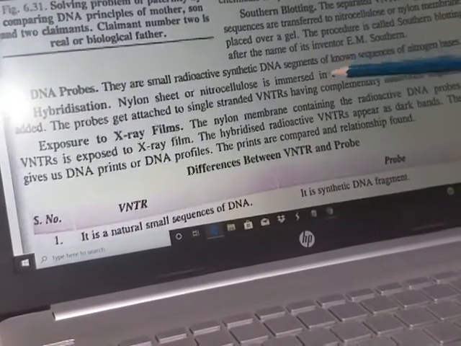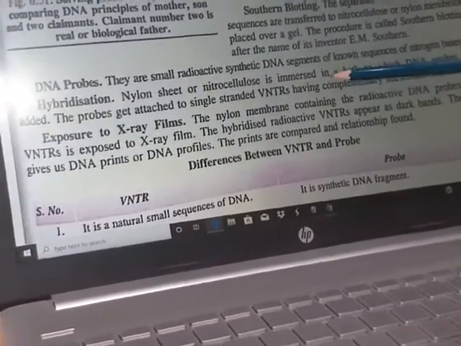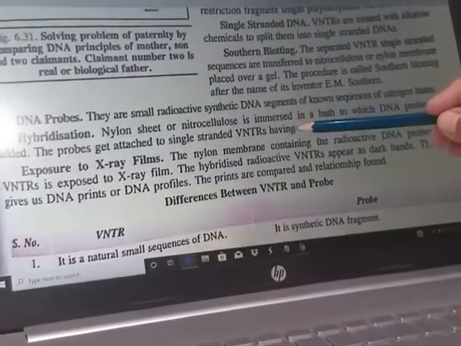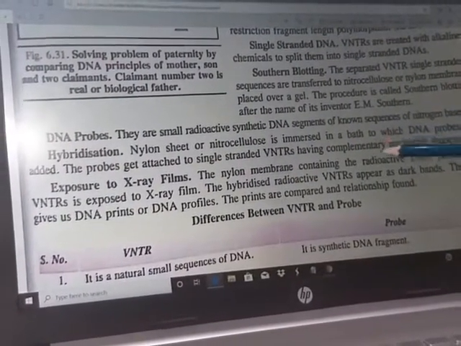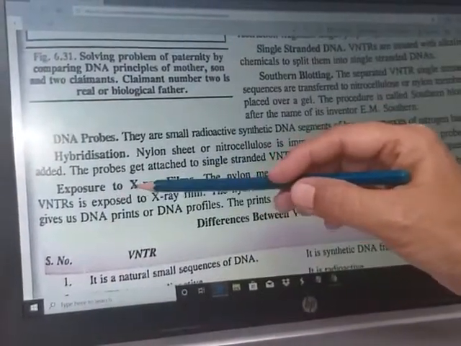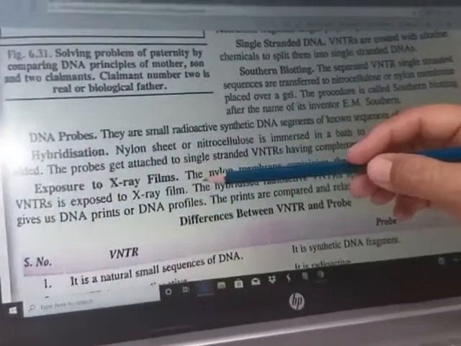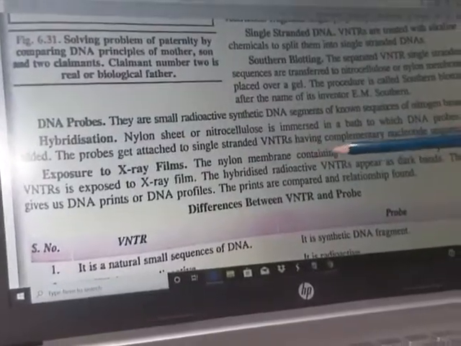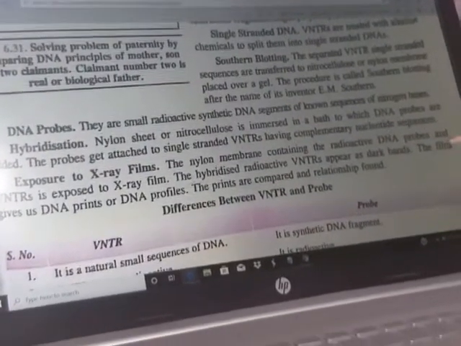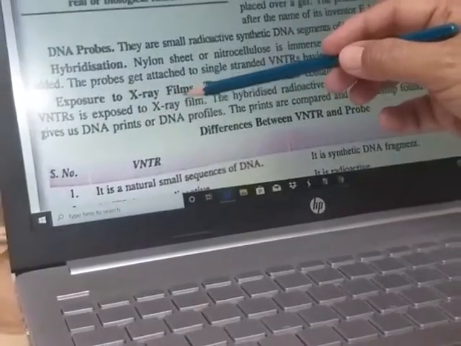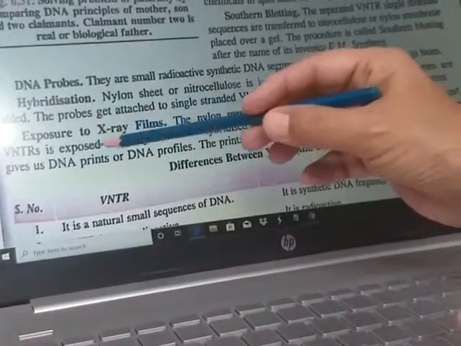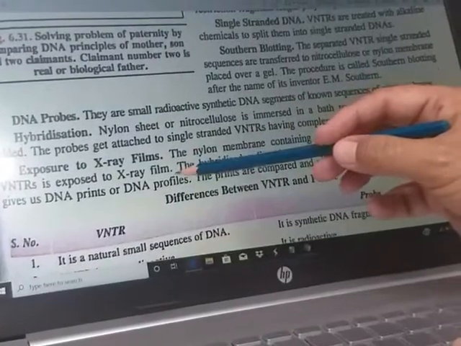And this is the real step where we can find what that DNA was, what that sequence was, and we want to see that. Next step is exposure to X-ray films. This nylon membrane containing the radioactive DNA probe and VNTR, because they had already hybridized, is exposed to X-ray film.